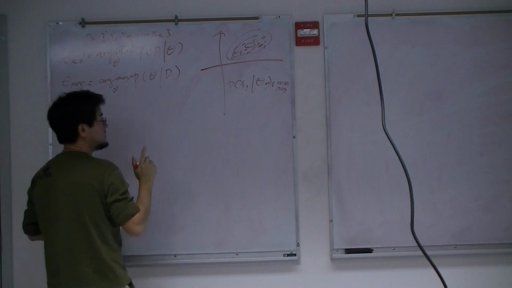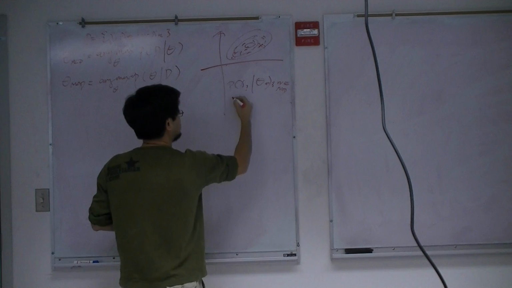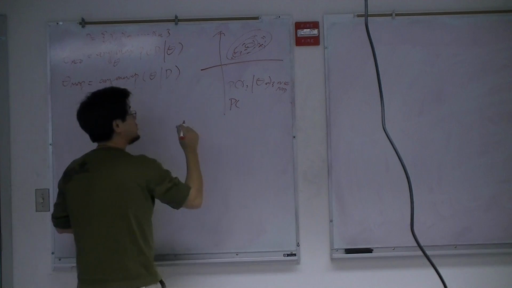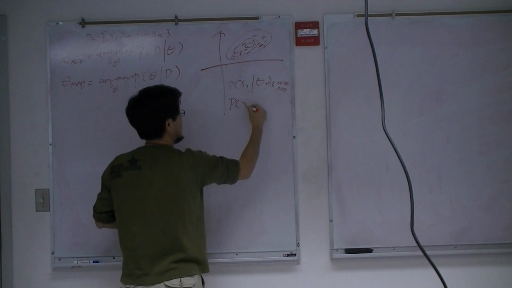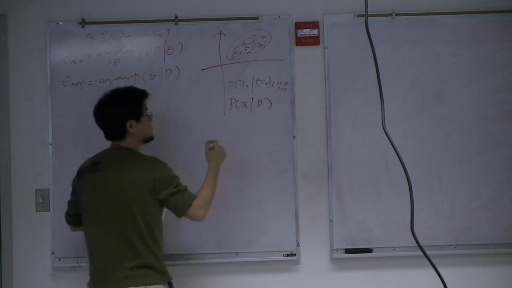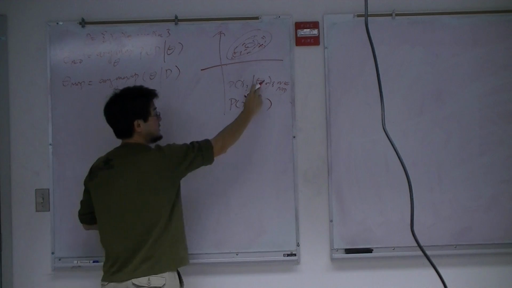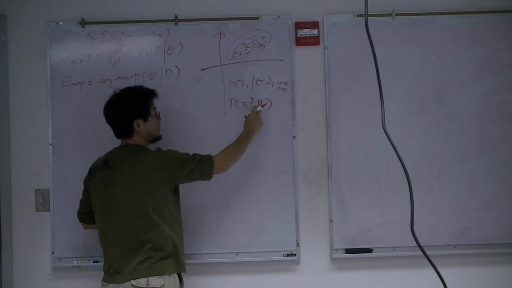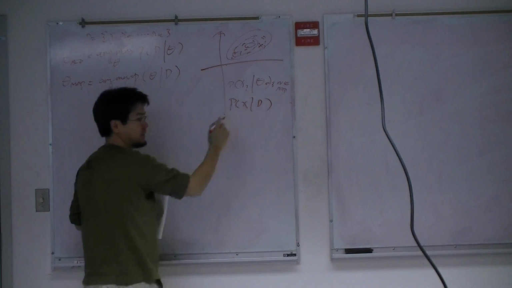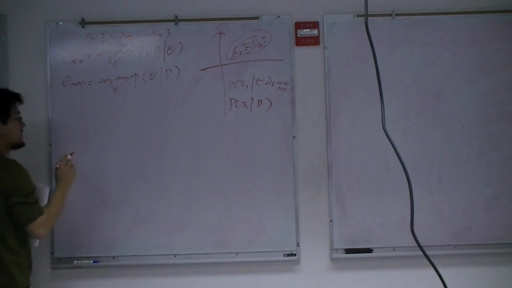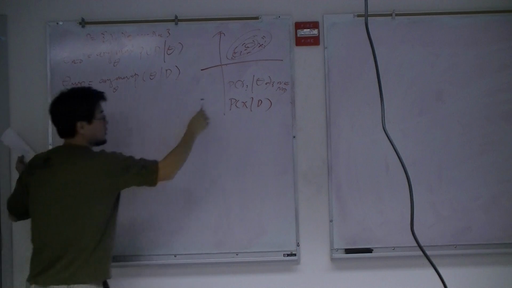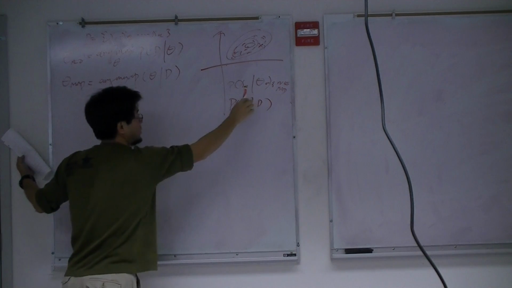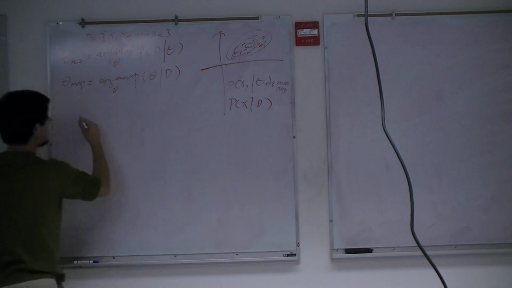But in general, what we are going to estimate is the probability of x given data D. Here we use theta instead of D because theta is estimated from the data D. In the Bayesian method, we are not going to do this. We are going to do this.